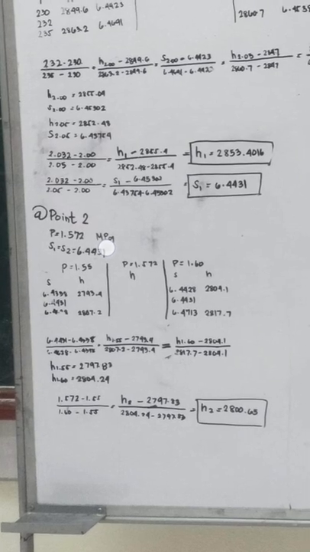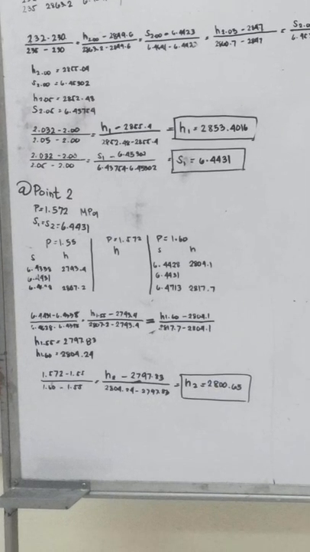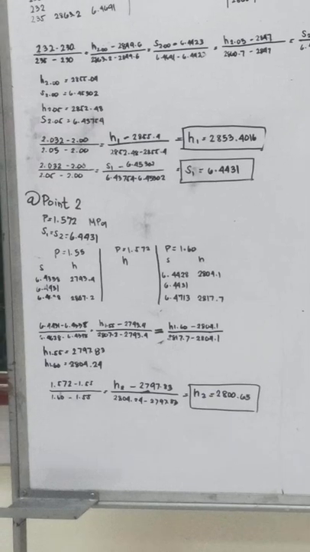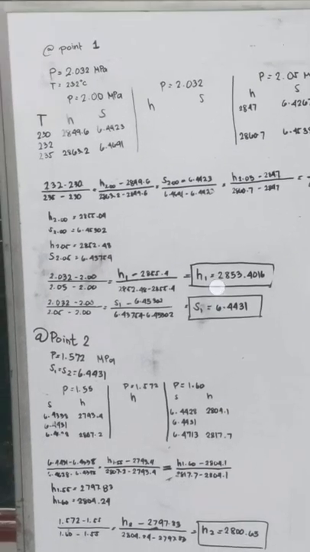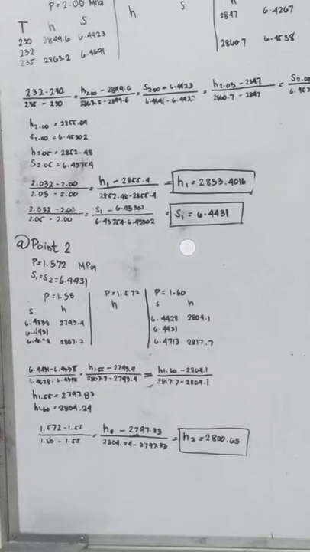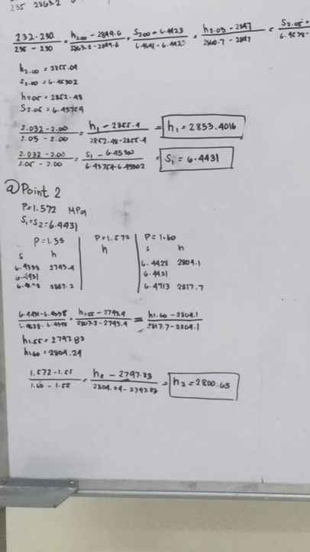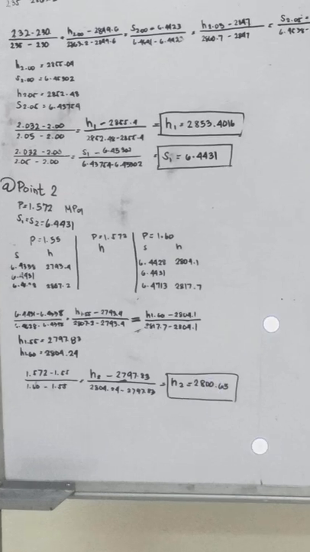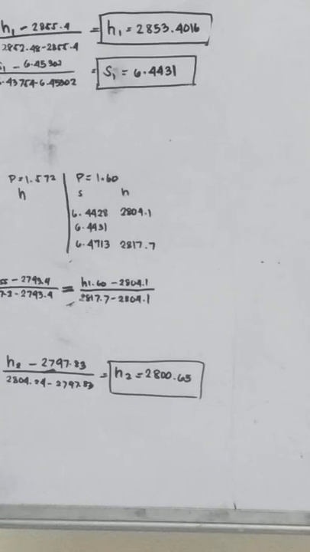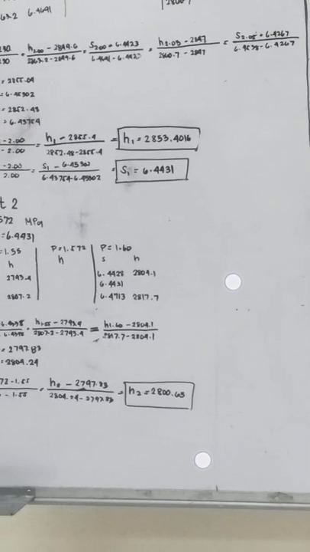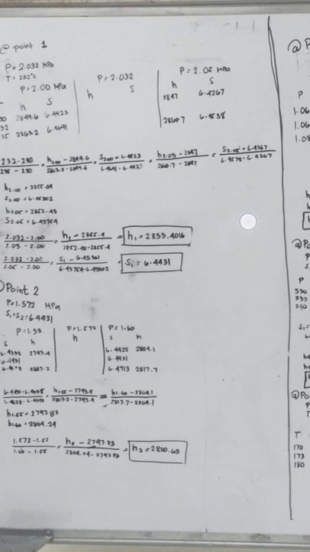To find the enthalpy, we go back and use the same process as at point 1. We have the answer: enthalpy 2 is equal to 2800.65. So let's proceed to point 3.